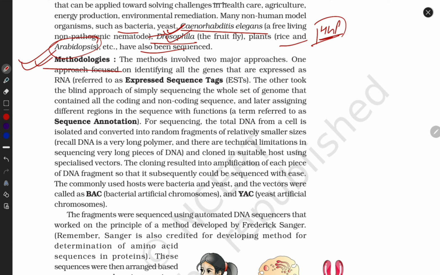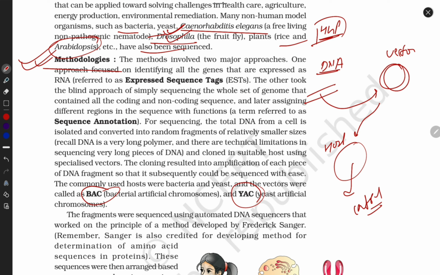Some methodologies, like we use bacterial artificial chromosomes, where there is DNA of our desire and there is a vector. What does the vector do? The vector carries fragments of DNA and inserts them into some host, and we control the function, we know the function of particular genes, that's it.